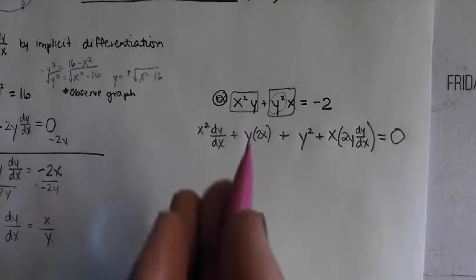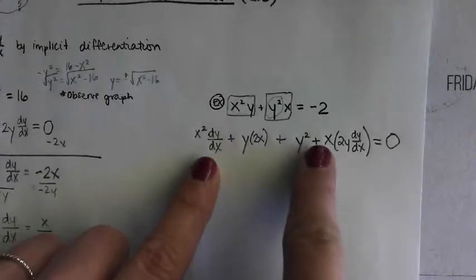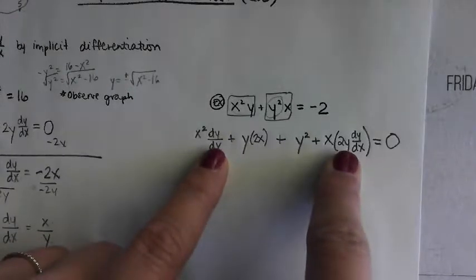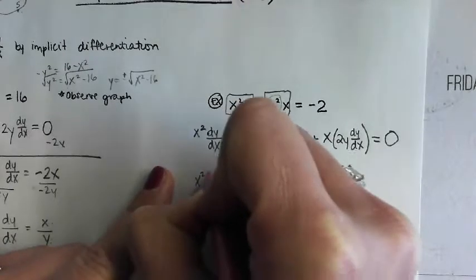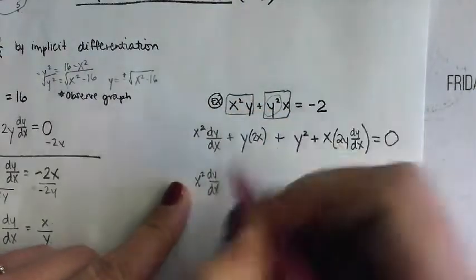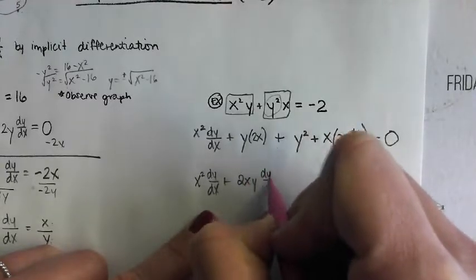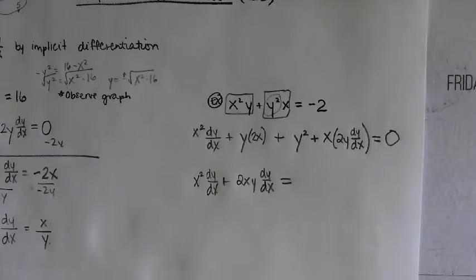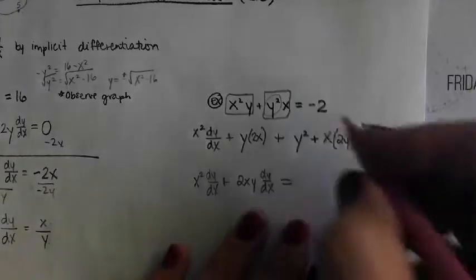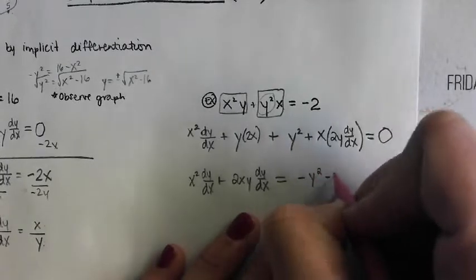Now we need to clean it up and we need to get dy dx all by itself. So the terms that are already dy dx's, I'm going to leave them on the left-hand side. So that'll be an x squared dy dx plus a 2xy dy dx equals, and I'm going to subtract the non-dy dx terms away. So that'll be a negative y squared minus 2xy.